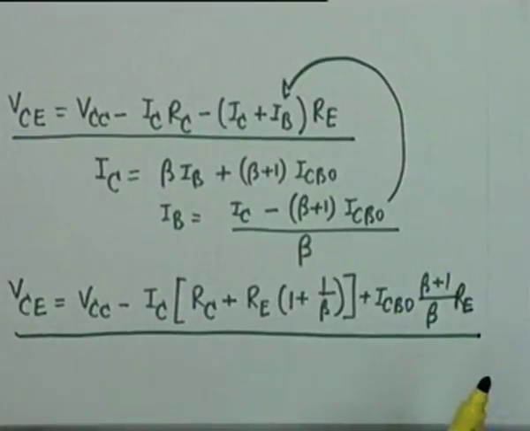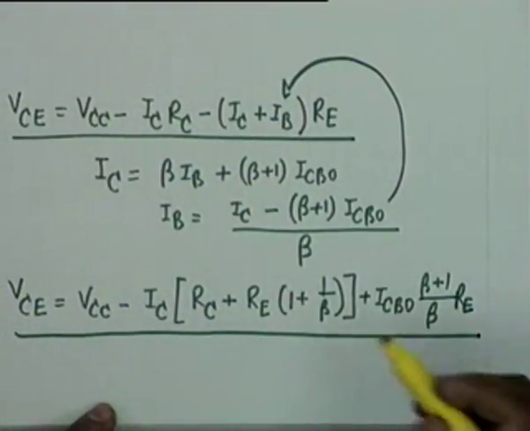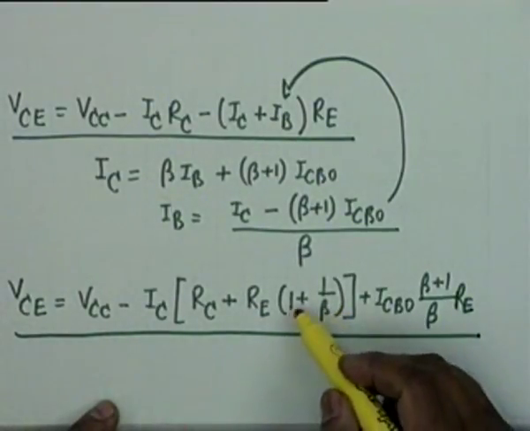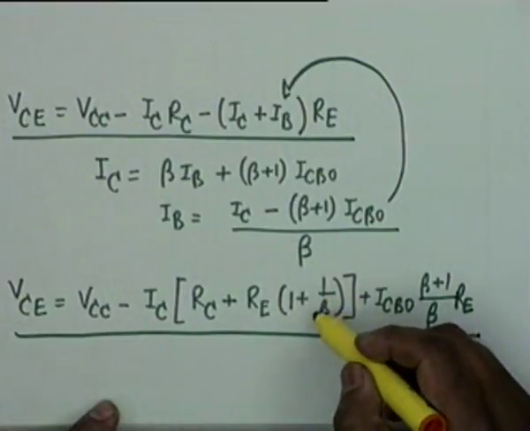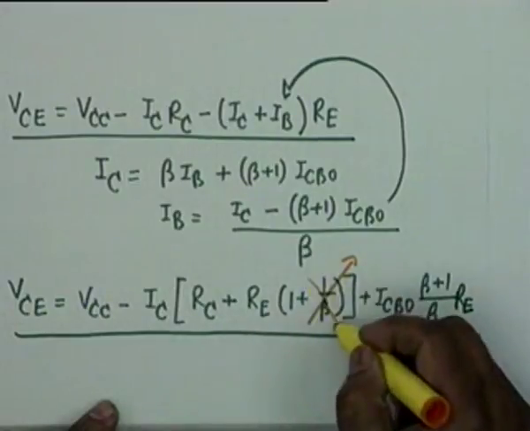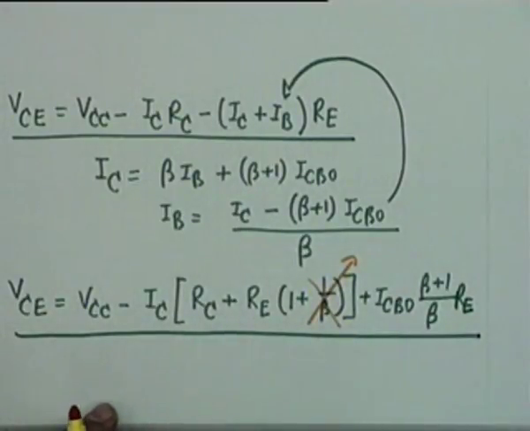Yes. Okay, fine. Now a couple of comments before we go to the next point for consideration. You know, normally beta is much greater than 1. Beta is of the order of 100, and therefore in 1 plus 1 by beta, approximately you can ignore the 1 by beta term. It will be 0.01, 1% of this term.